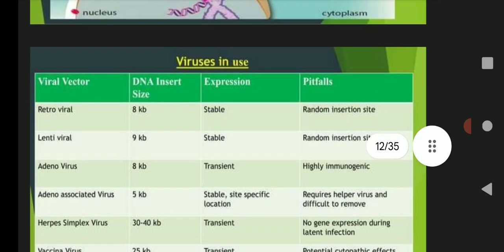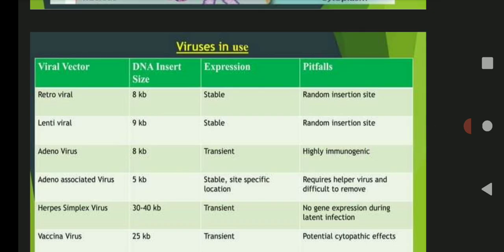Here is the list of various viruses that are responsible for gene delivery, DNA transfer, or transfection. Retrovirus has the capacity to insert 8 kilobase pairs, whereas lentivirus 9 kilobase pairs and adenovirus 8 kilobase pairs.